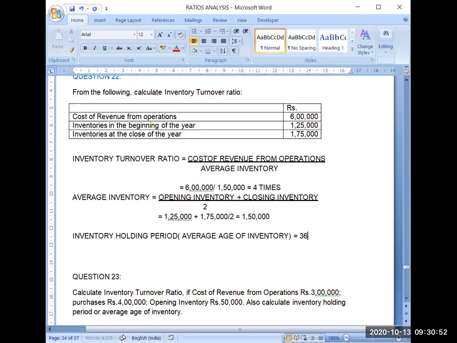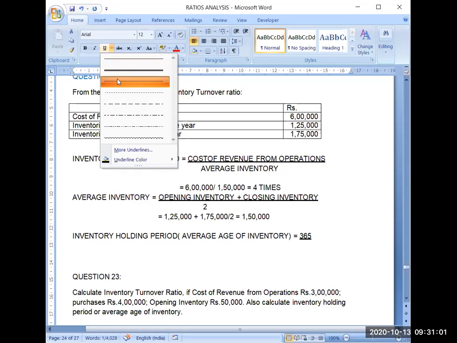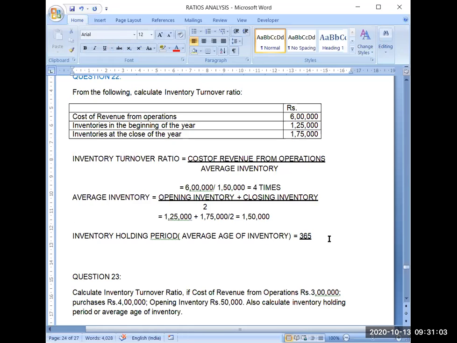So it will be 365 upon inventory turnover ratio.